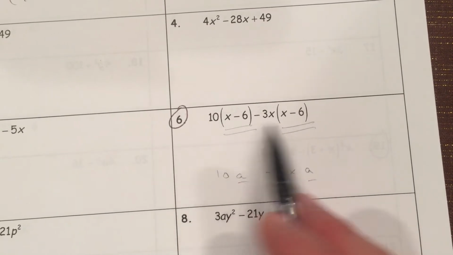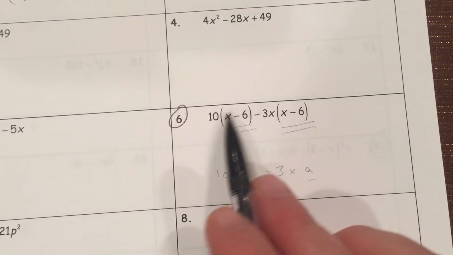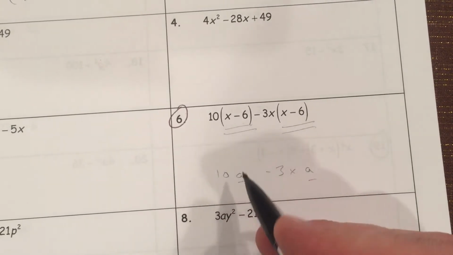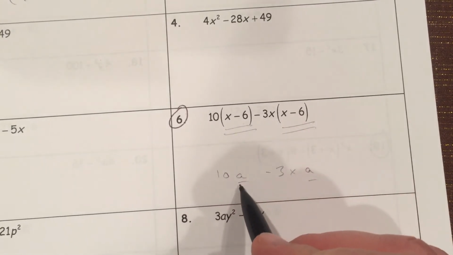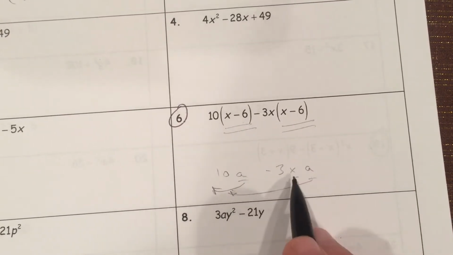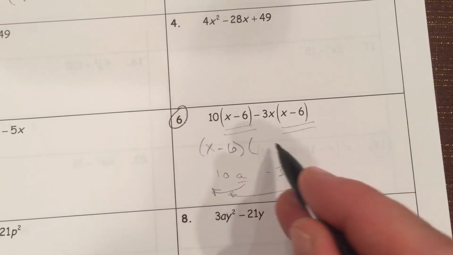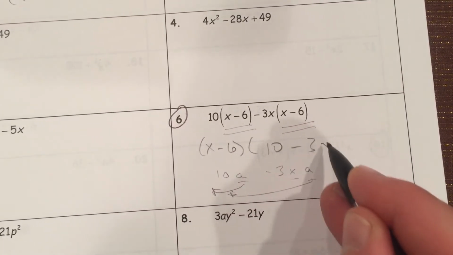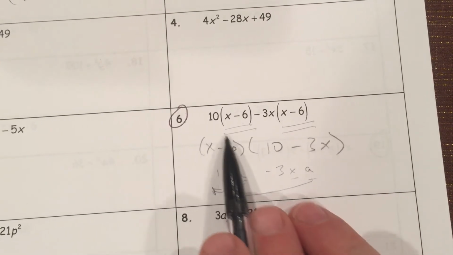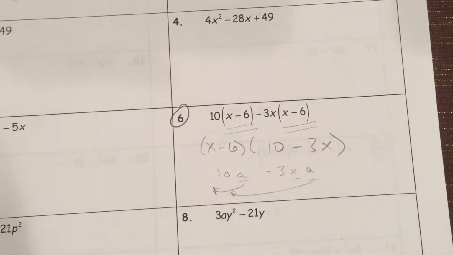What throws students off is that the factor is itself a linear binomial, but you can still factor it out, just much like we would if it was a single a. So I can factor out x minus 6, leaving 10 minus 3x.